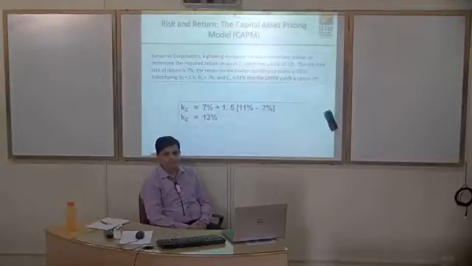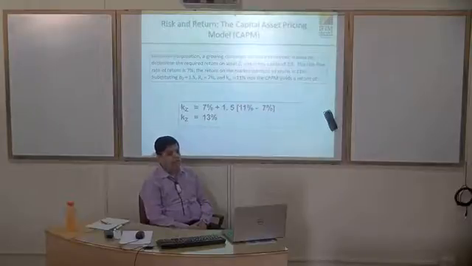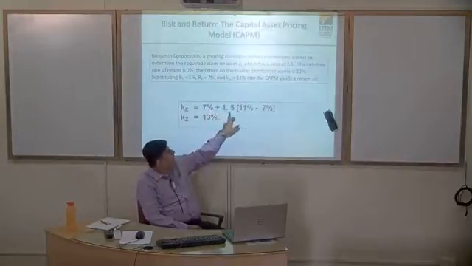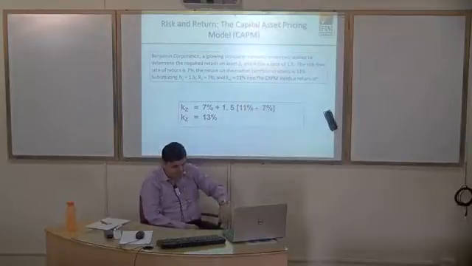Substituting b_Z, which is beta 1.5, R_F, the risk-free return of 7%, and K_M, which is the 11% market portfolio return, into CAPM yields the following. 7%, the risk-free return, plus beta into 11 minus 7, will give me 13%. Okay?